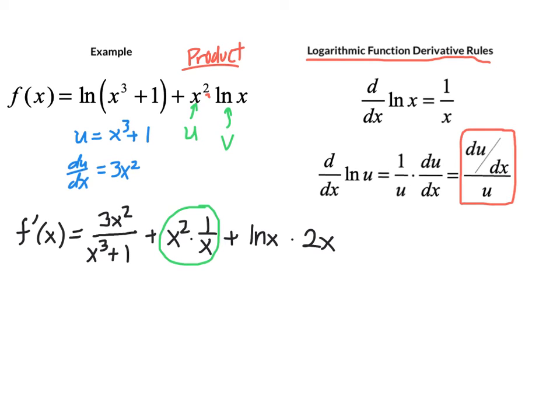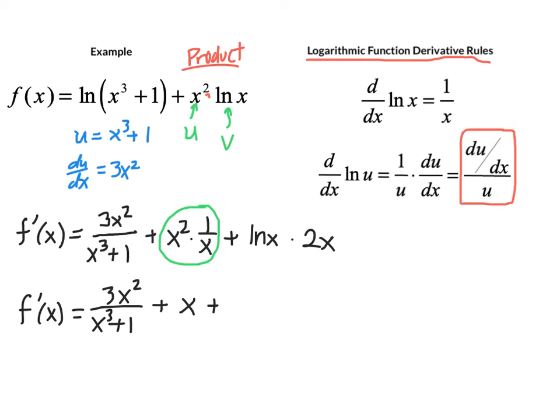So we go to write the final version of our derivative, f prime. We have our 3x squared over x cubed plus 1 from the first term. And then here our second term now is going to be 1x. And then it's standard to write the algebraic factor first and the transcendental second.